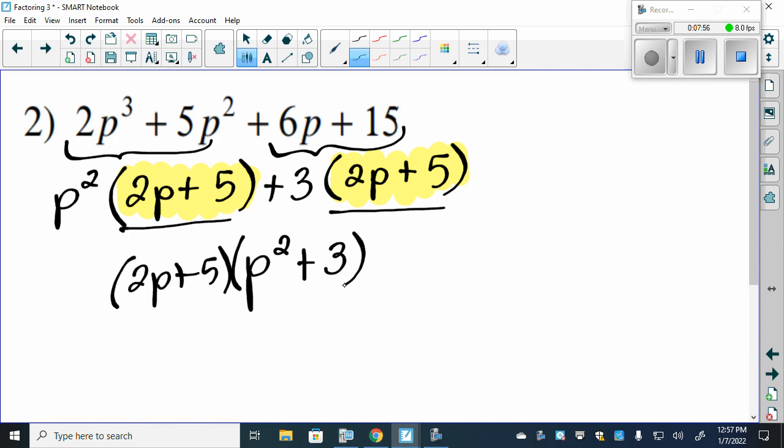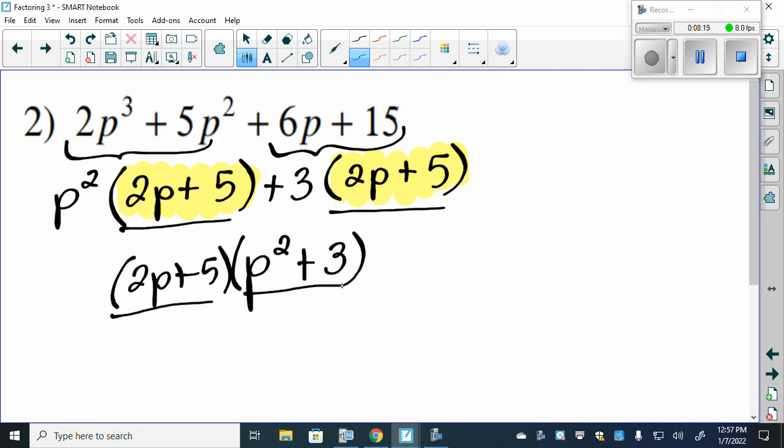But we can also check the exponents, or the degree. If we look at the degree of 2p plus 5, what is it? 1, yes? If it's 1 or less, there's no way you can simplify down any further. What is the degree of p squared plus 3? 2.